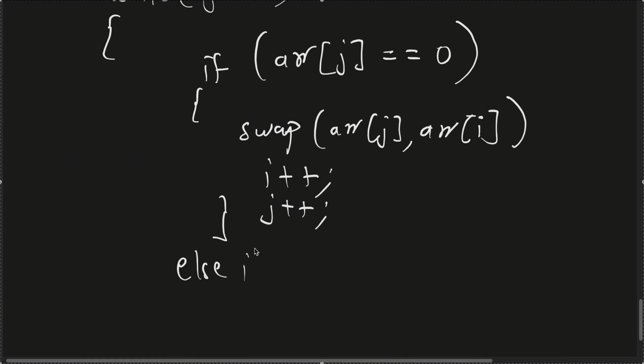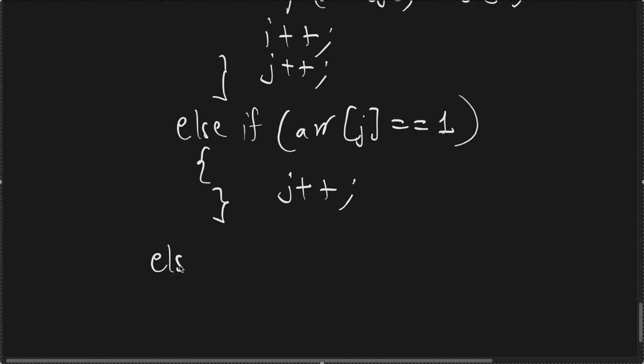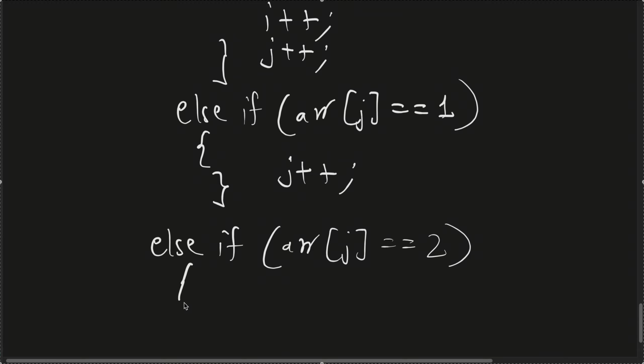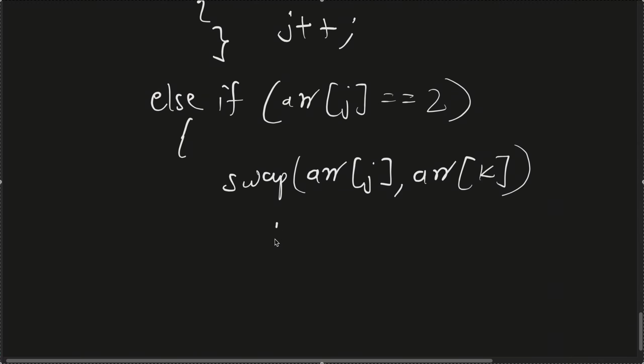Else if array of j is 1, we will just increment the j pointer, we will do nothing. Else if array of j is equal to 2, then we will swap array of j with array of k, and we will decrement the k pointer, right?